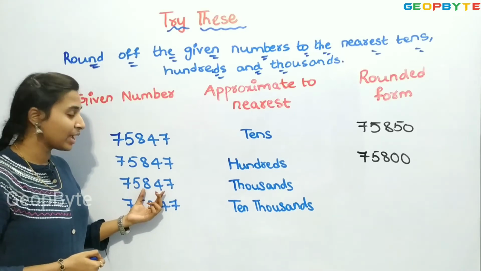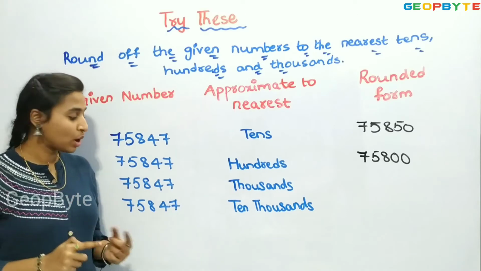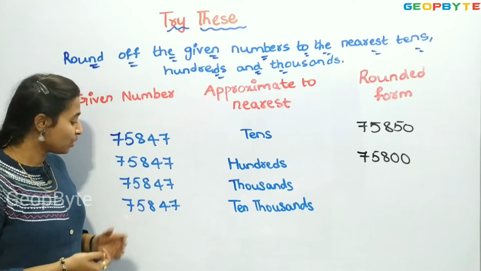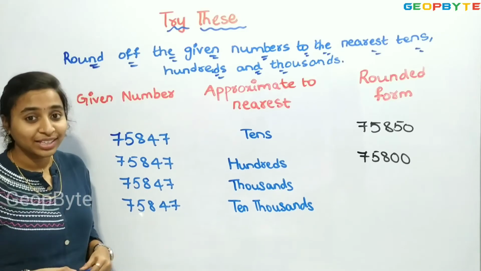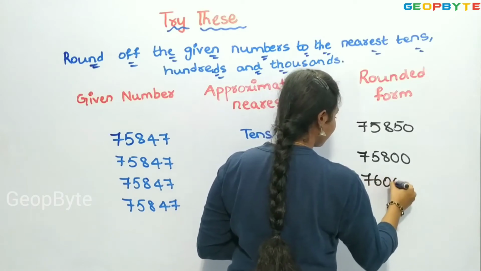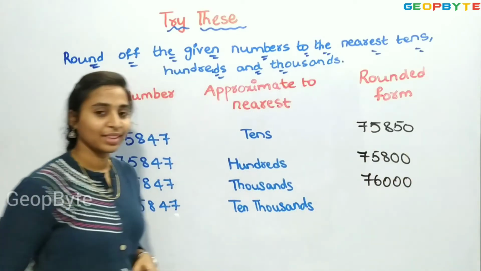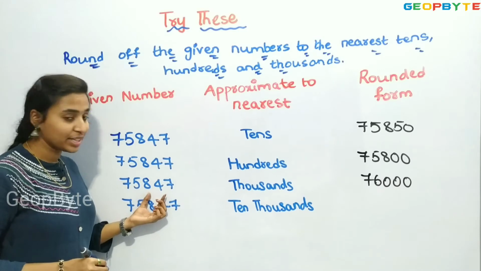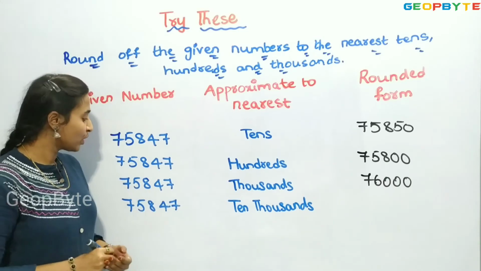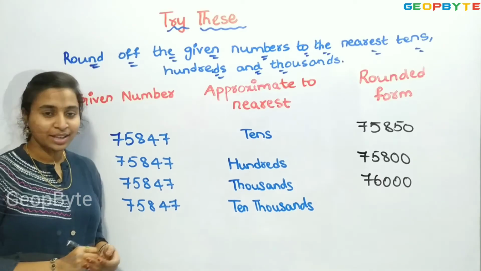So here we have 847 as it is above 500, so it belongs to 76,000. It is rounded off to 76,000. Let us write. As 847 is more than 500, we have rounded it off to 76,000.